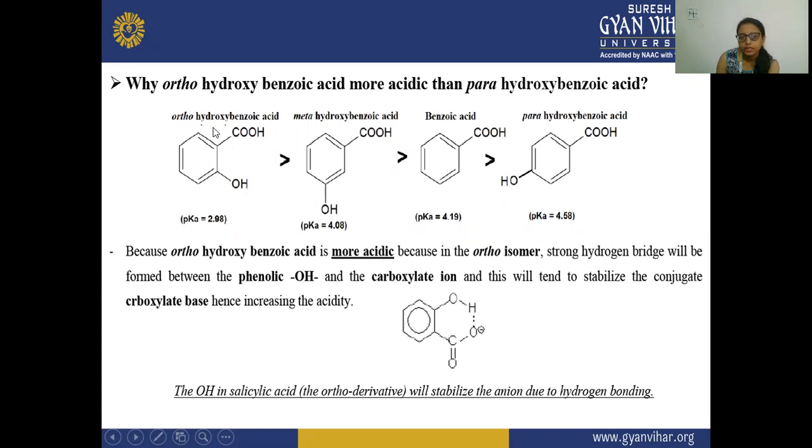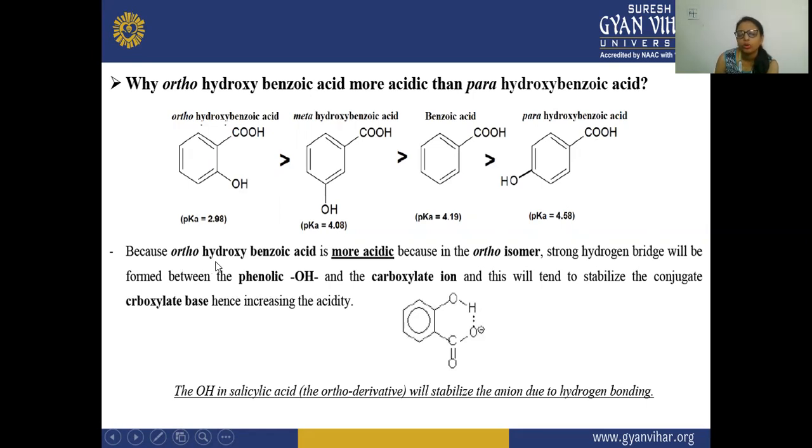So in this case, you can see that in ortho-hydroxybenzoic acid, the carboxylate ion as well as the phenol OH will form hydrogen bonding between them. That is why this is more acidic as compared to meta, benzoic, and para. In those cases, they are at a distance, and here there is no phenolic group, and here it is at more distance. That is why this is more acidic as compared to these.